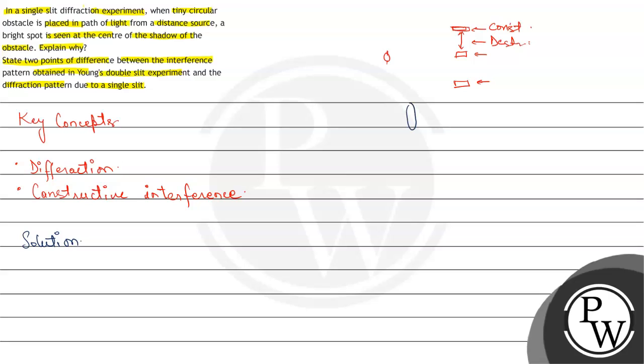So when we have an obstacle like this and light strikes it, then if we obtain the image of the shadow on a screen, there is a central white spot at the center of the shadow. This is due to constructive interference itself, because the tiny particle diffracts light into constituent waves, which then undergo constructive interference to form a central white spot at the center of the shadow of the obstacle. So the reason is constructive interference.